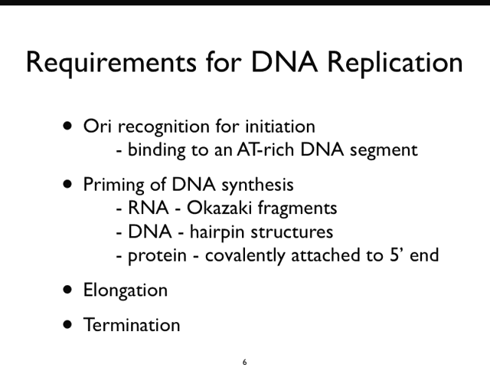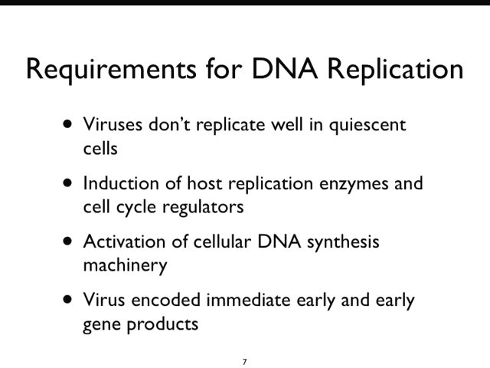Okay, other requirements. Viruses don't replicate well in quiescent cells. Neurons, terminally differentiated cells really aren't dividing. And because they're not dividing, they're missing a good portion of the equipment, of the machinery that a virus needs to replicate.